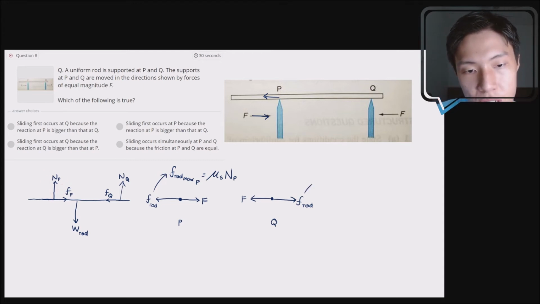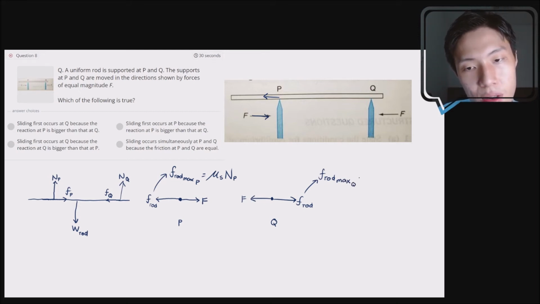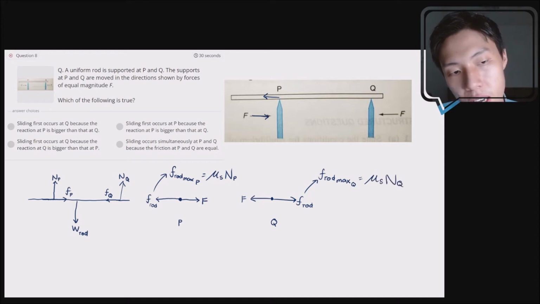Whereas the maximum frictional force exerted by the rod on support Q will be equal to mu s times the normal force at Q.